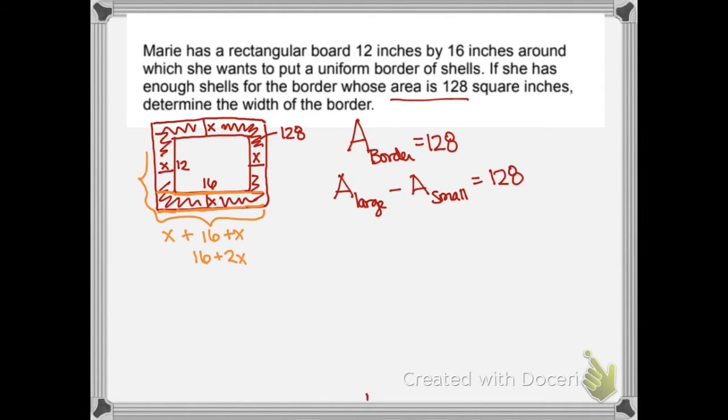So this whole thing, we have 12 in the middle. We're going to add x up here, and we're going to add x down at the bottom. So again, you have the 12, but then you're adding a border to both sides. So that's why you have the 2x.